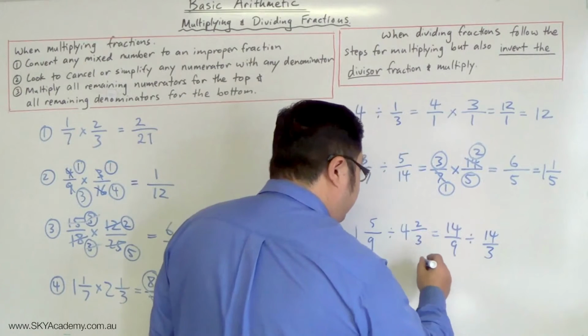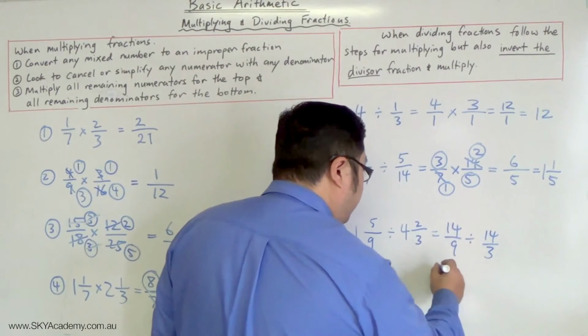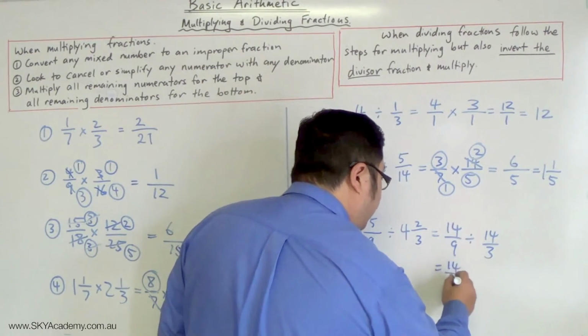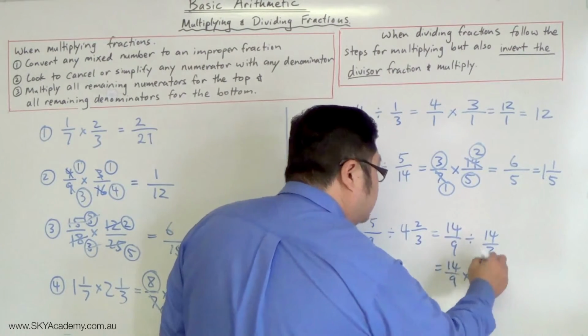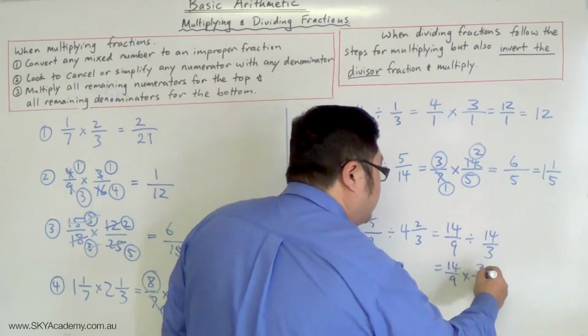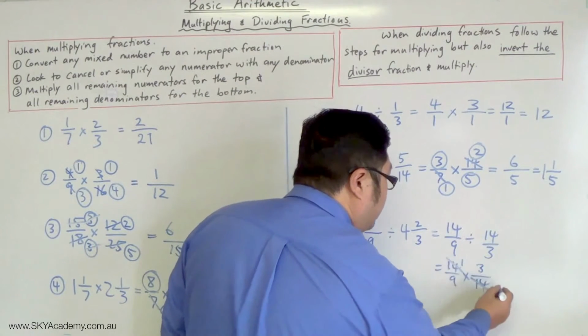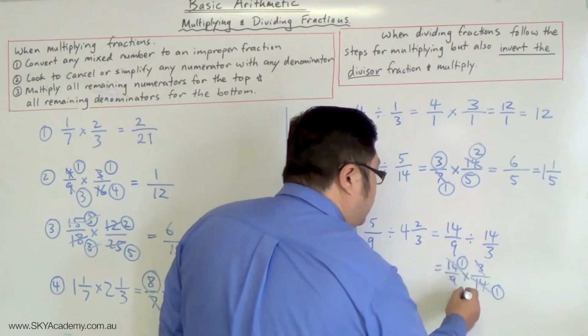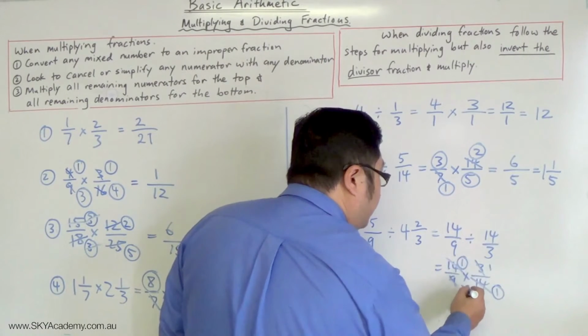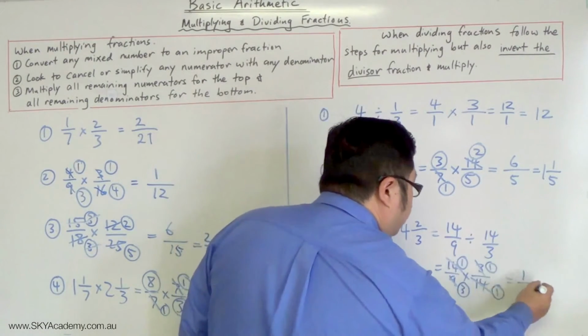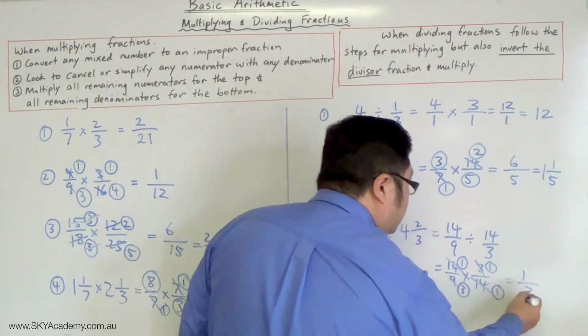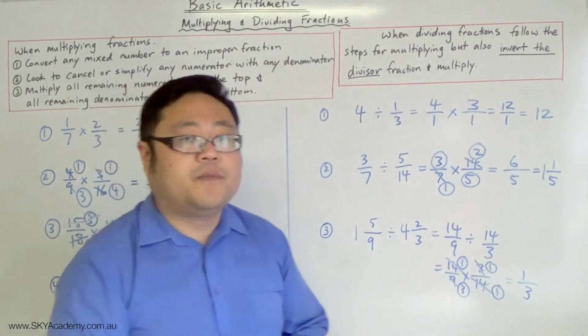Written another way, it would be 14 over 9 times, and remember you've got to flip, so it's 3 over 14, right? The 14s will cancel with 14, so you're left with 1 and 1. 3 and 9 becomes 1 and 3. Tops with tops, bottoms with bottoms. The answer is 1/3, okay?